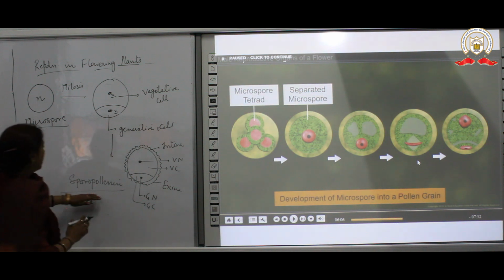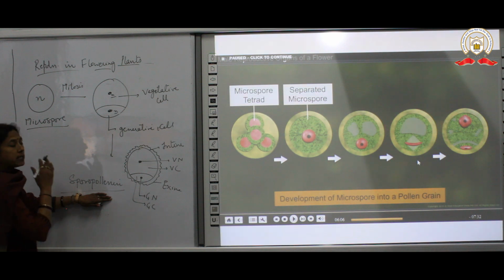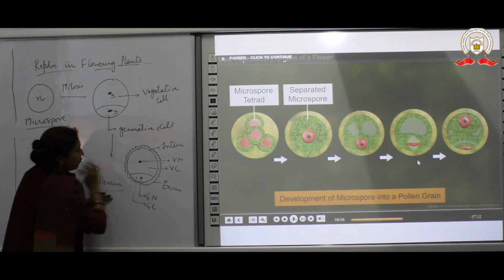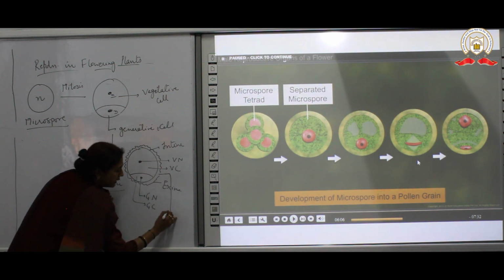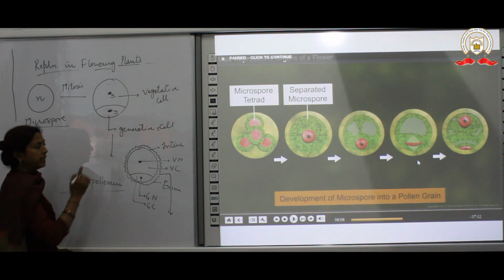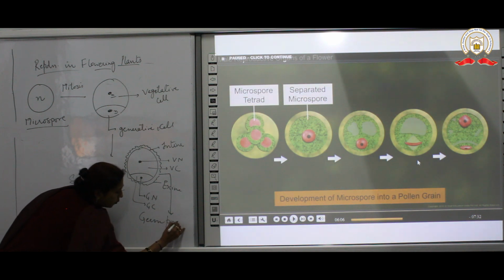Now, since this compound is so resistant that nothing can break it, for the germination of the pollen tube there is an area which does not have the covering of sporopollenin, and this is known as the germ pore.